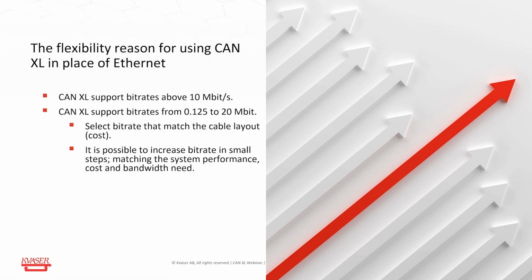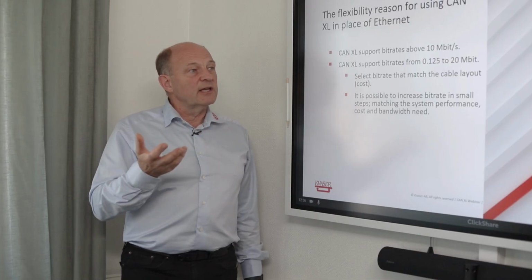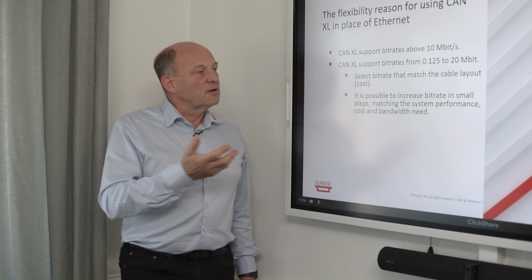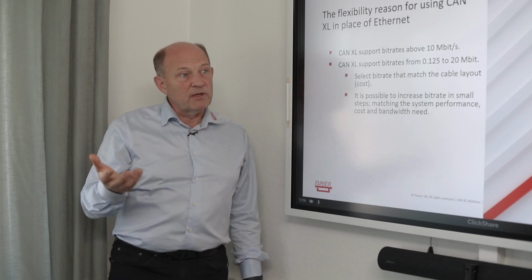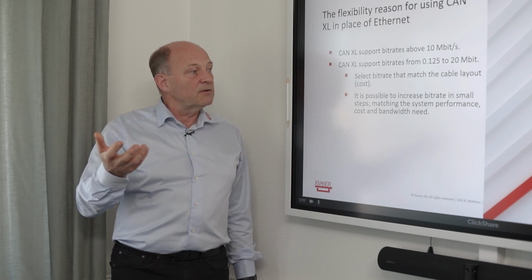So when you go to CAN XL compared to Ethernet, the big competitor is 10BASE-T1S, which has multiple nodes on the drop lines, but it's 10 megabit. Where in CAN XL you can select it from 125 kilobits up to 20 megabits. So it means that if you have a cable already, you can test how much you can get out of the layout.